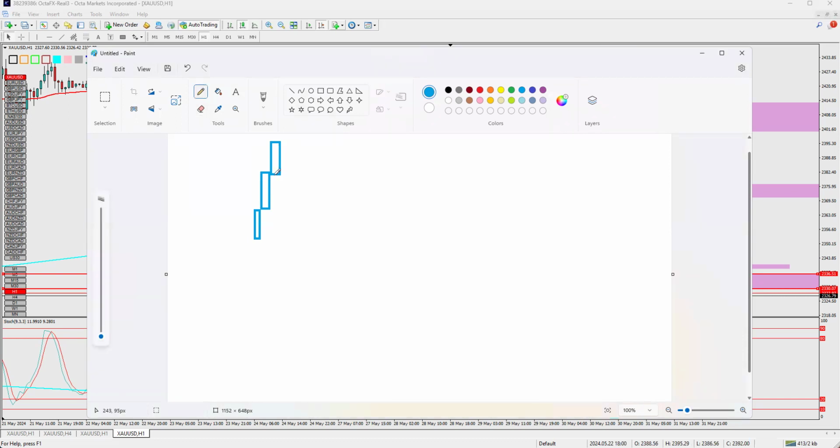We have this wick. I'm not good at using this paint, so we have a wick, and then another wick. So this is the market, okay? It's moving up.